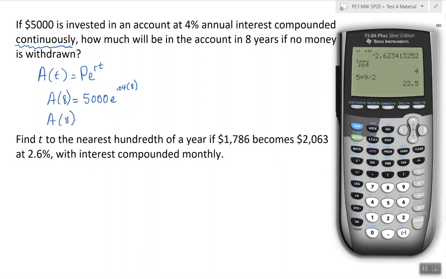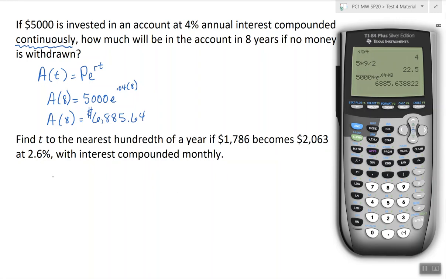We just put it into the calculator: 5,000 times e to the 0.04 times 8, and I'm going to get $6,885.64, rounding appropriately to the nearest cent.